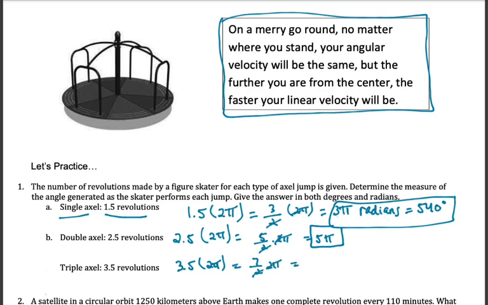That gives me 7 pi radians. If I convert that to degrees, it would be 1,260 degrees. I forgot to convert the double axel to degrees, so 5 times 180 is the same thing as 900 degrees. Okay, let's do some more examples.